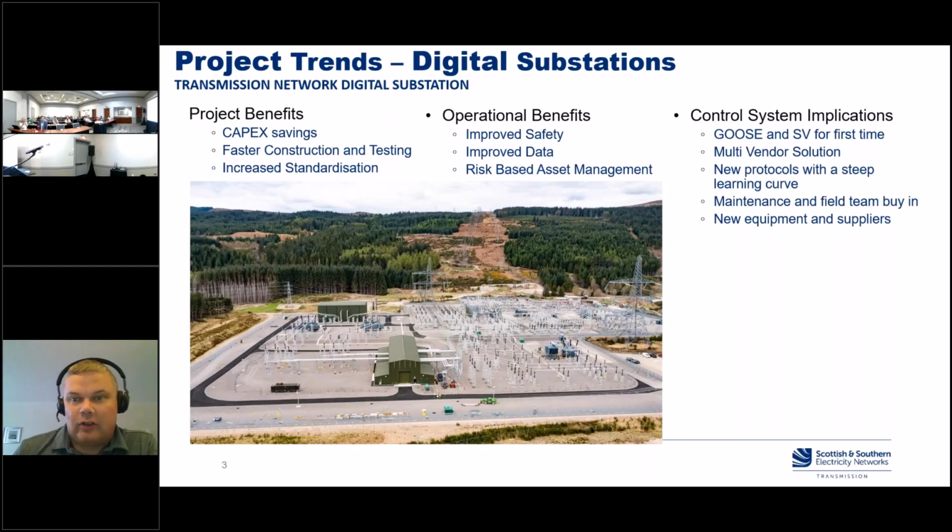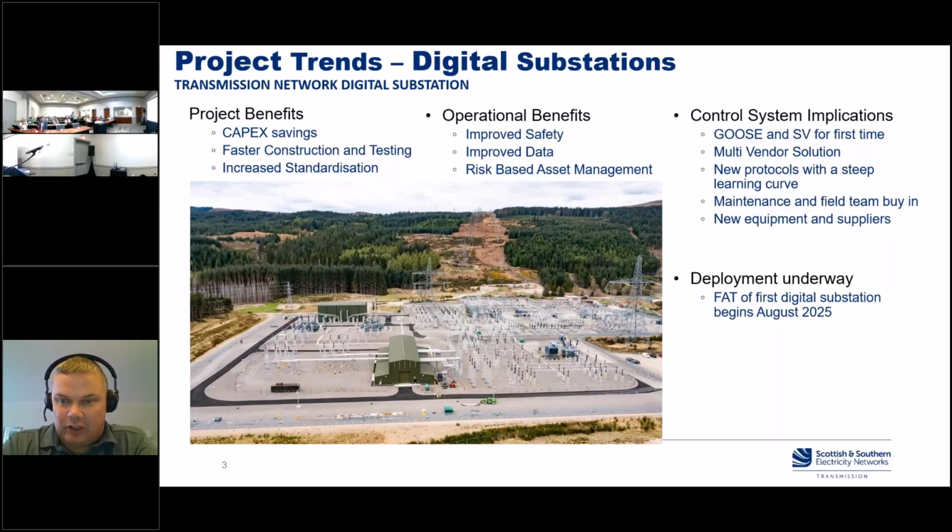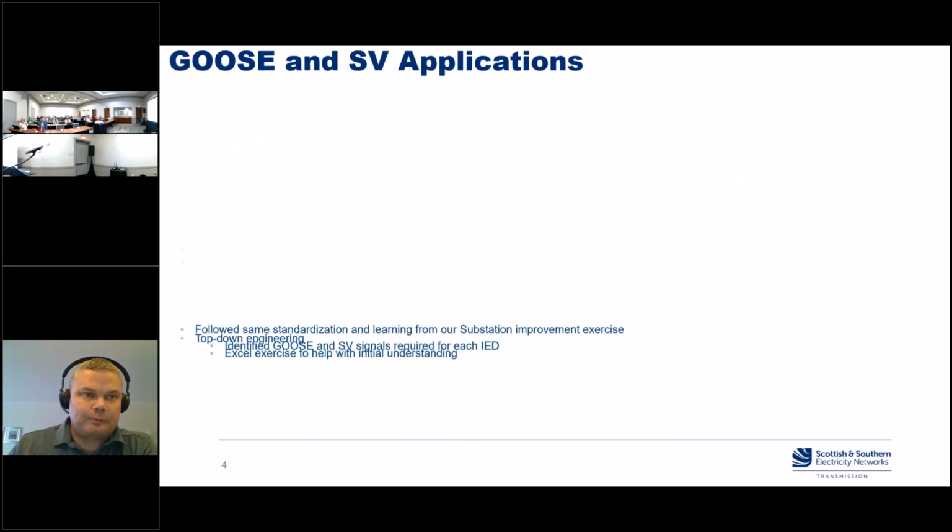And again, we're obviously engaging with new equipment and suppliers. A lot of it's equipment that's just coming onto the market and very new to us as well. So deployment is underway, and our factory acceptance testing of our first digital substation has begun this week, as I said. So yeah, we're getting on with testing that now.